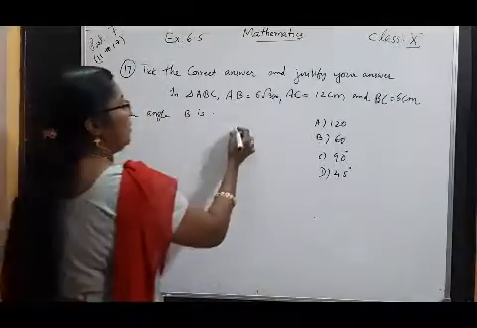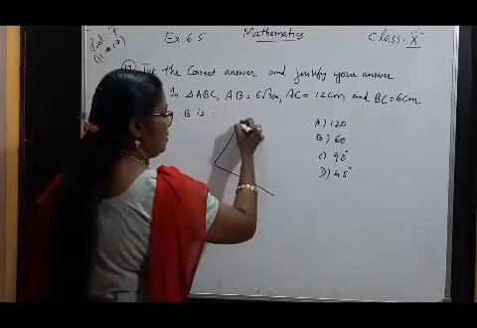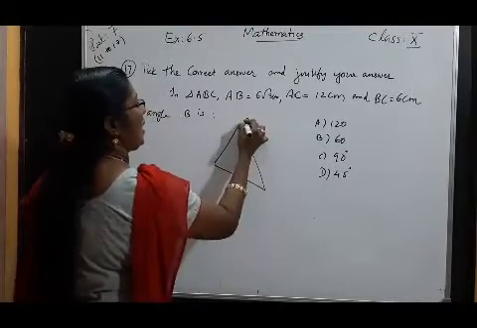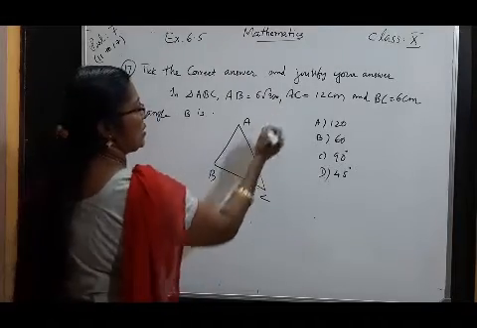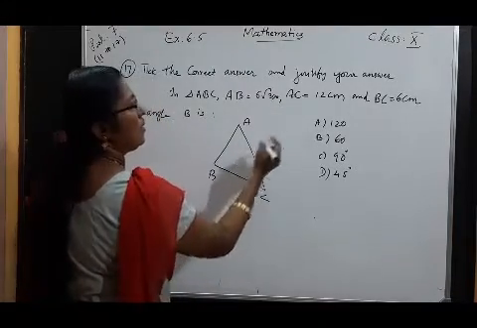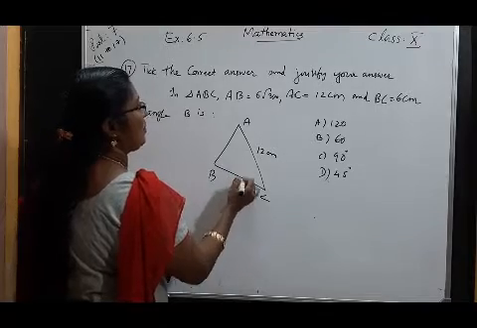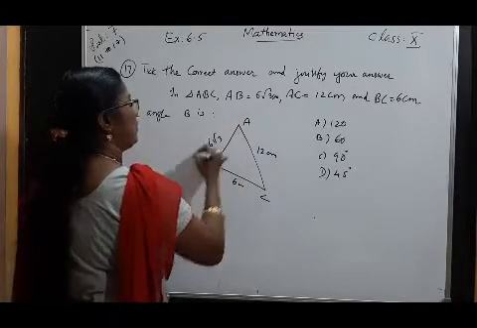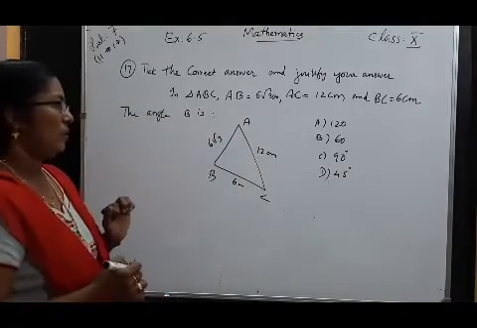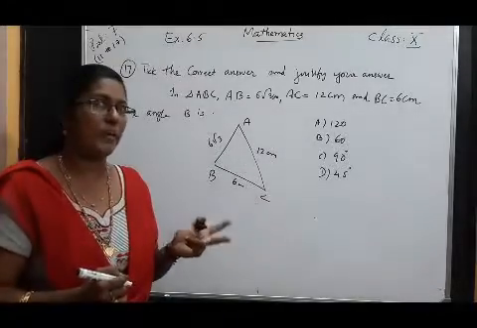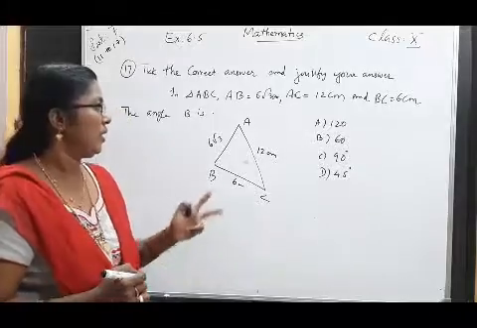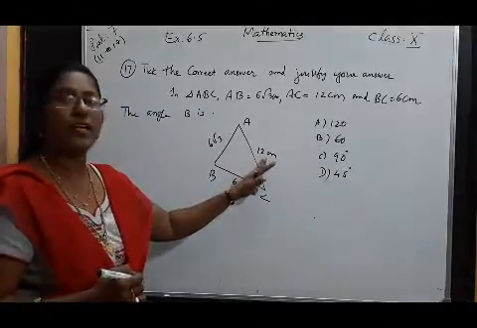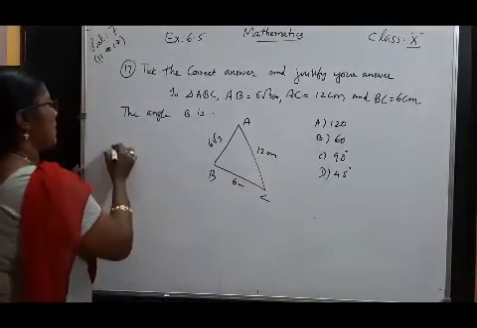Okay, here triangle ABC, AC is 12 centimeters, BC 6 centimeters, AB 6 root 3. By the converse of Pythagoras, you can verify if it is a right angle or not. Here the greater side is AC.